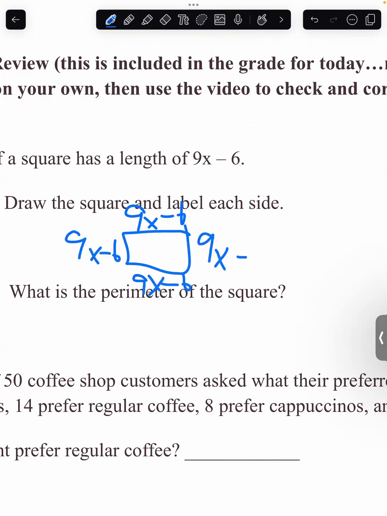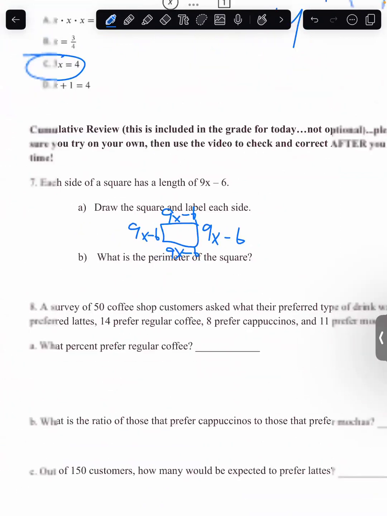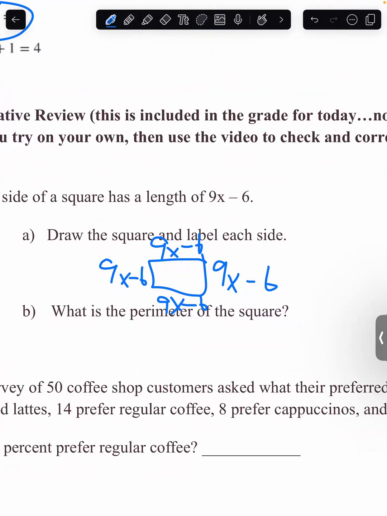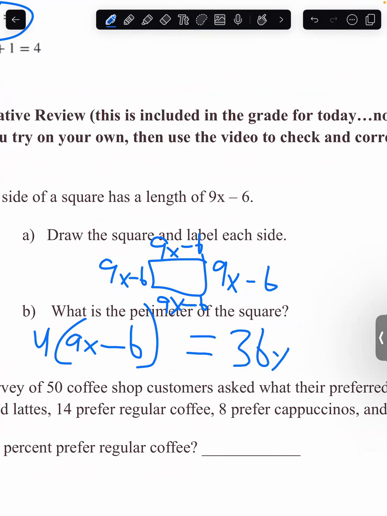Now the perimeter of the square would be, another way of writing this, 4 9x minus 6's. If you do 4 times 9x, you get 36x, and then minus 4 times 6, which is 24.